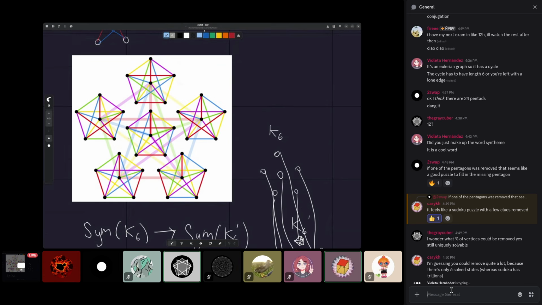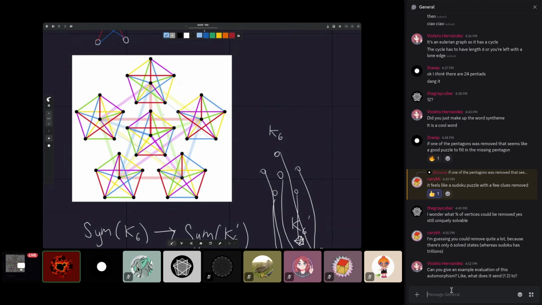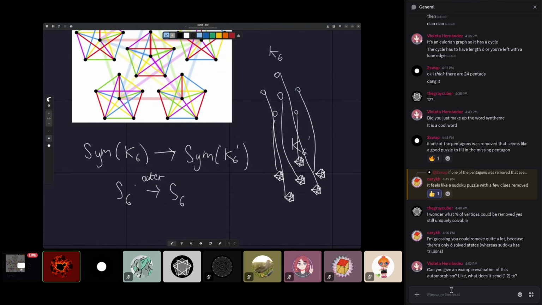It's crazy that it works that way, and you look at what pairs things have. You look at all the yellow ones in the background, and that makes a syntheme of pentads. Yeah, and you get this funny recursive thing. That is cool. Going back, this is related to the fact, as we've reasoned before, that if you do an outer automorphism twice, you get back to an inner automorphism.